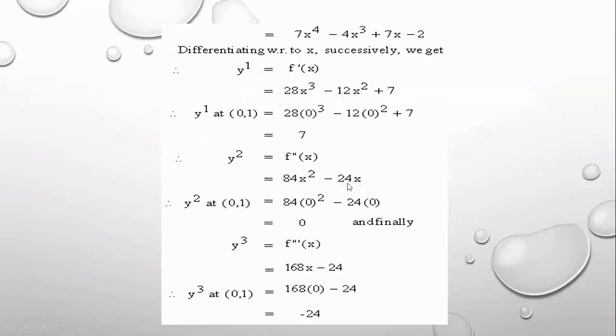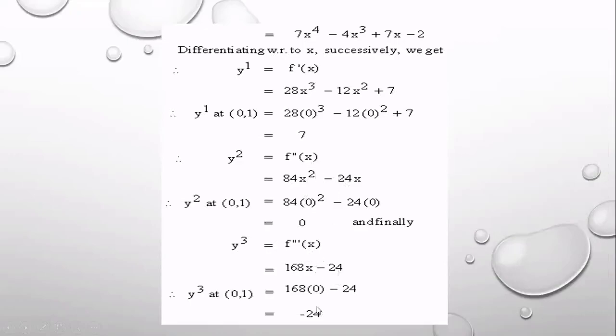Here you will use this, when the graph is turned, which is the maximum or minimum value. Where the graph is turned, this is 0, meaning slope is 0. When the slope is 0, that is the turning point of the graph. So y cube, this is an inflection point. You see 84 into 2, 168x minus 24.